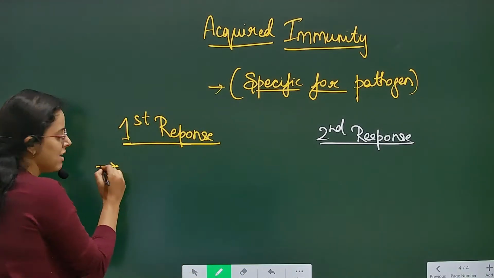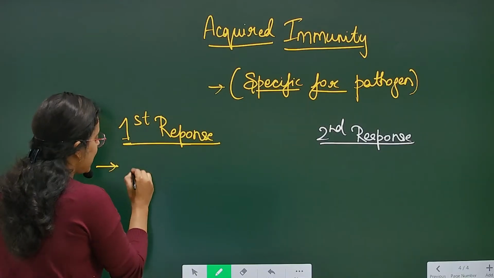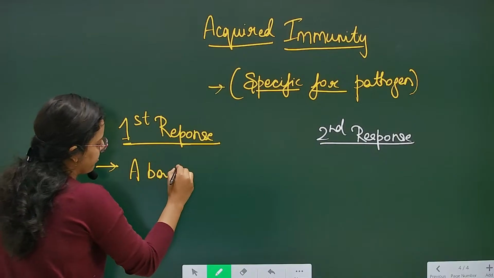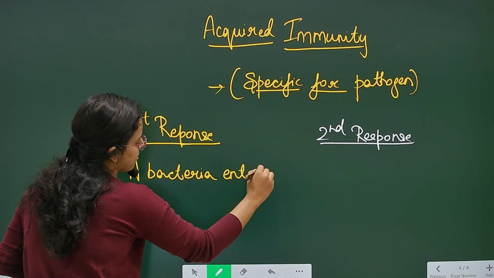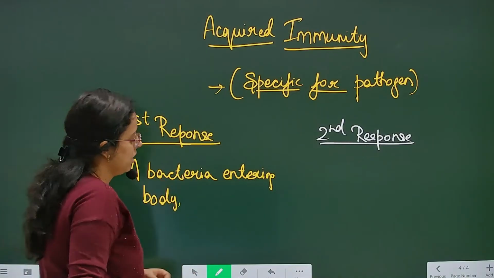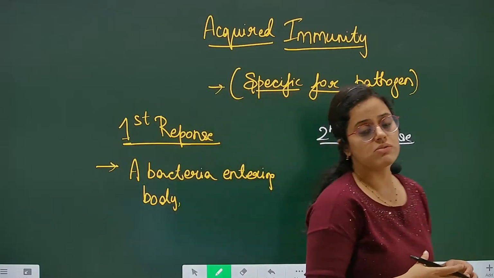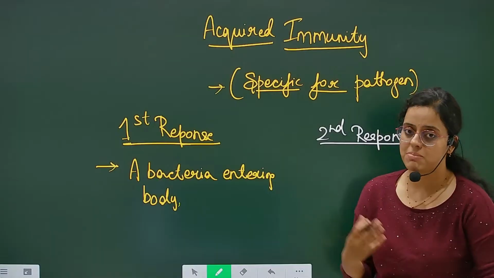Suppose I am talking about a bacterial infection. Now let us see, a bacteria is entering a body. Then our body consists of different types of cells. Innate immunity is there, right? It will prevent the bacteria.